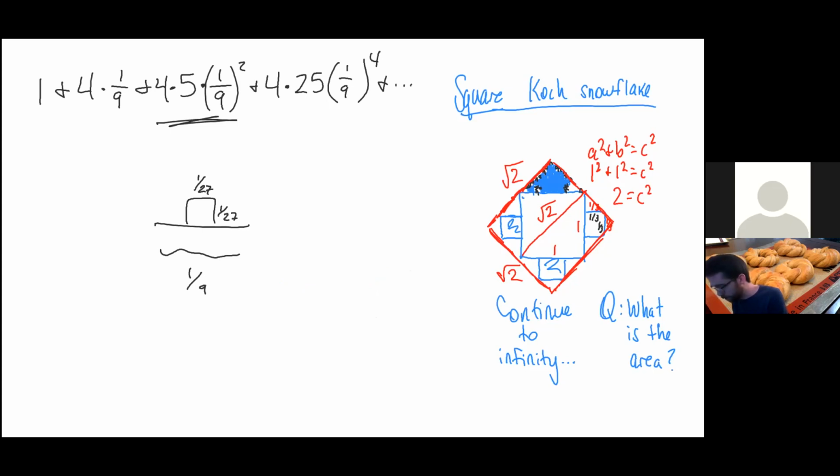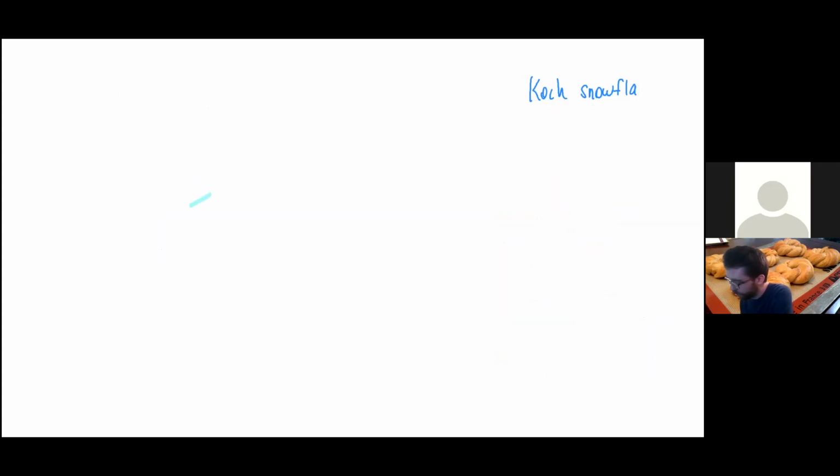Let me double check. So that was 1/9 squared. And so, yep, that would be 1/27. So I guess that would have been, yeah, okay, let me correct this. All right, so that is 1/27 squared. Cool, my mistake. Okay, and we continue that process forever.